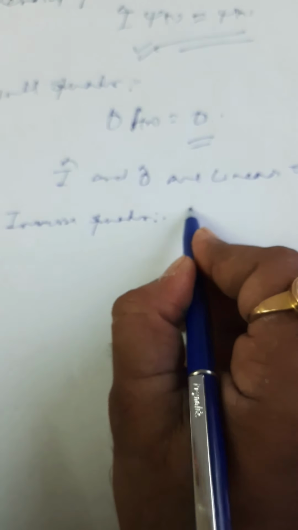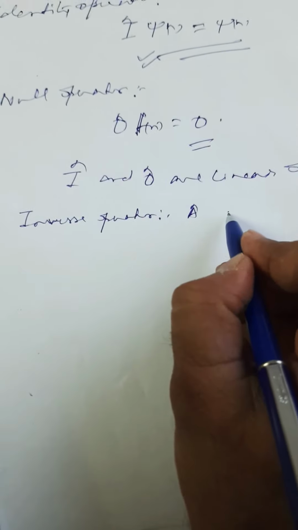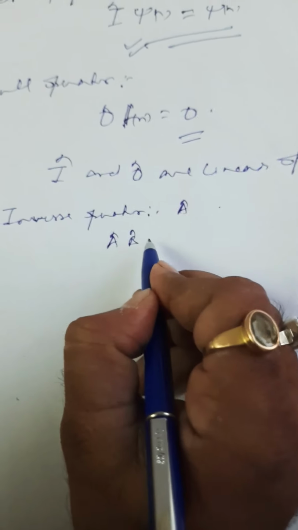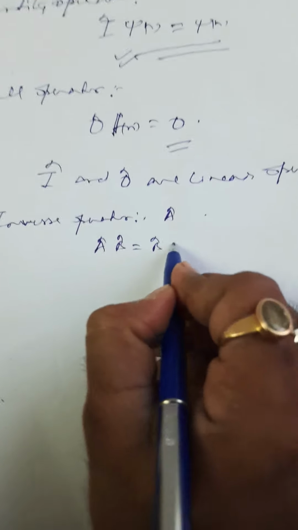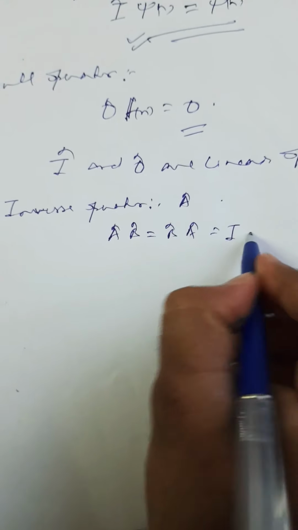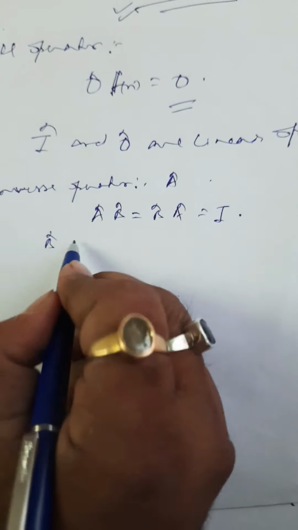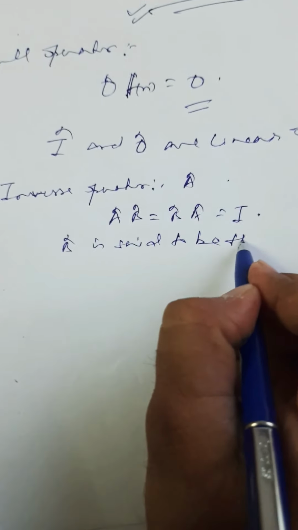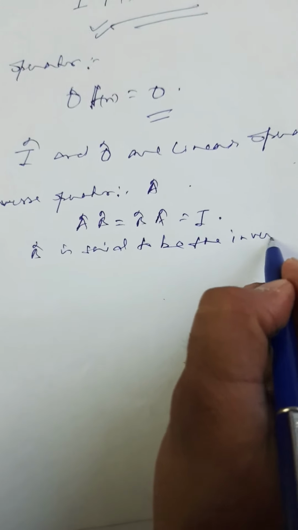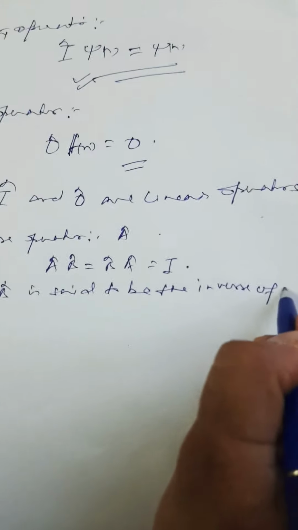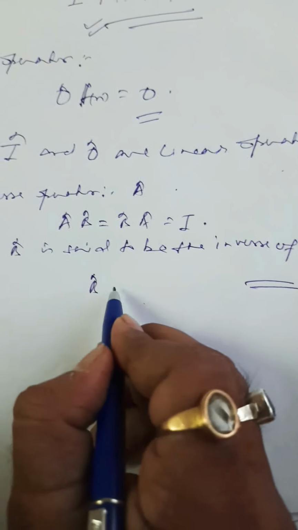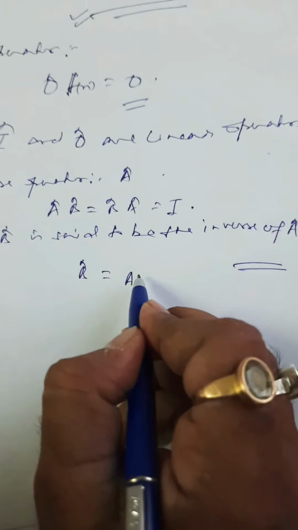Then we'll talk about the inverse operator. If for some operator A there exists another operator B with the property that A cap B cap is equal to B cap A cap is equal to I, then B cap is said to be the inverse of A cap. So this could be written as B is equal to A inverse.